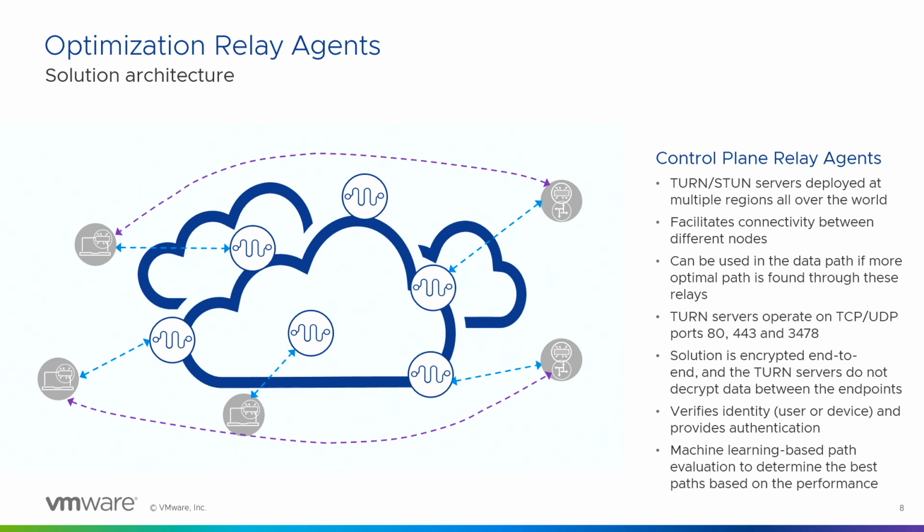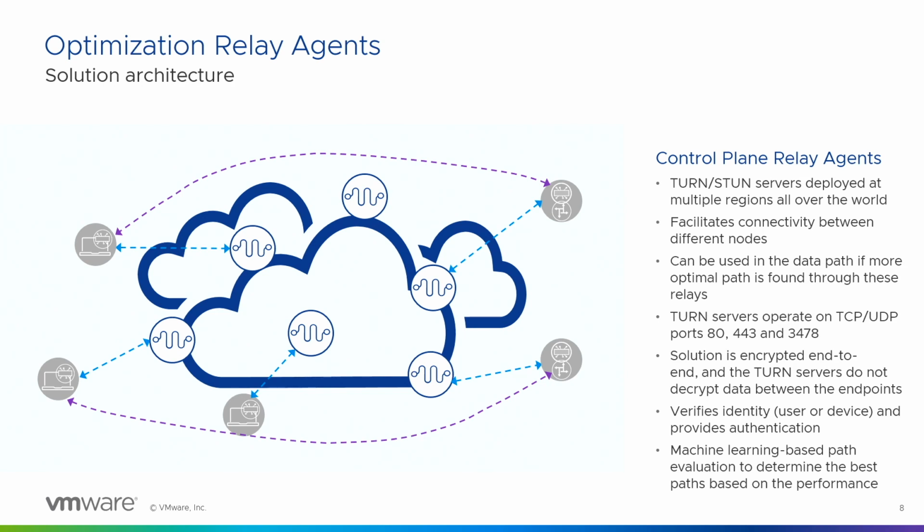Optimization relays, right? So these are basically the TURN servers or the STUN servers, and these are deployed at various locations all over the world. And like I mentioned earlier, it not only provides the control plane connectivity, it provides the data plane connectivity as well if required. For example, in most cases the user devices or even the connectors could be behind a firewall or behind a NAT device.